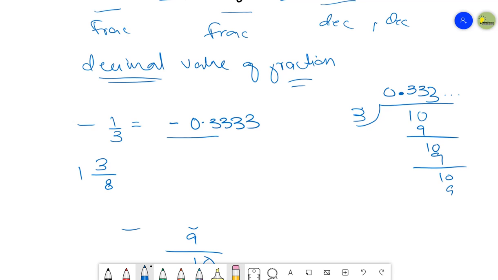Okay, then the next fraction is 1 3 by 8. So we have to convert it first of all into an improper fraction like this. 8 remains 8, and in the numerator I have to multiply 8 by 1, and then the answer is going to be added to 3, right? So 8 ones are 8. 8 plus 3 is 11. 11/8 is the fraction.